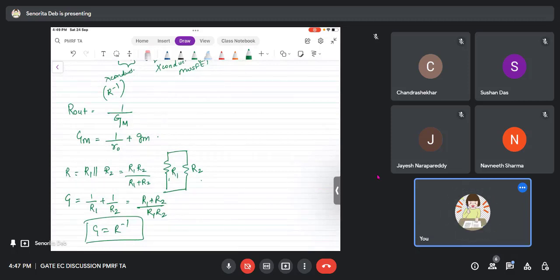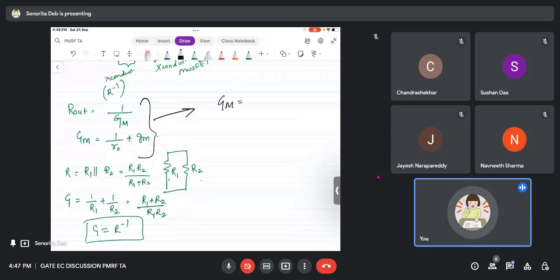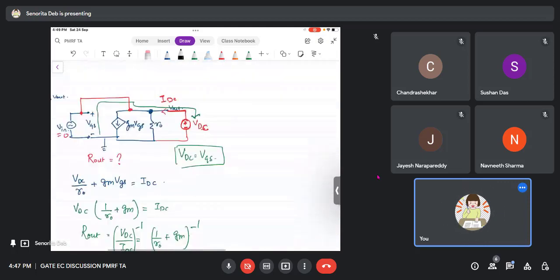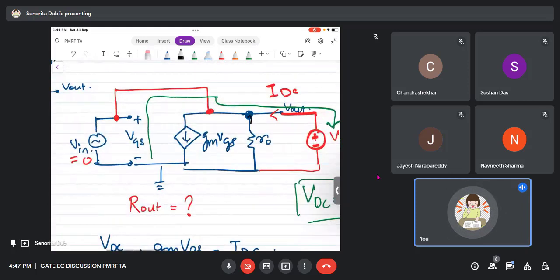Okay, so now what is happening here in the MOSFET? In the MOSFET also, G is 1 by R0 plus GM, right? That means R out is therefore 1 upon 1 by R0 plus GM. Which makes sense because this is nothing but a direct parallel combination now, since we have shorted that.